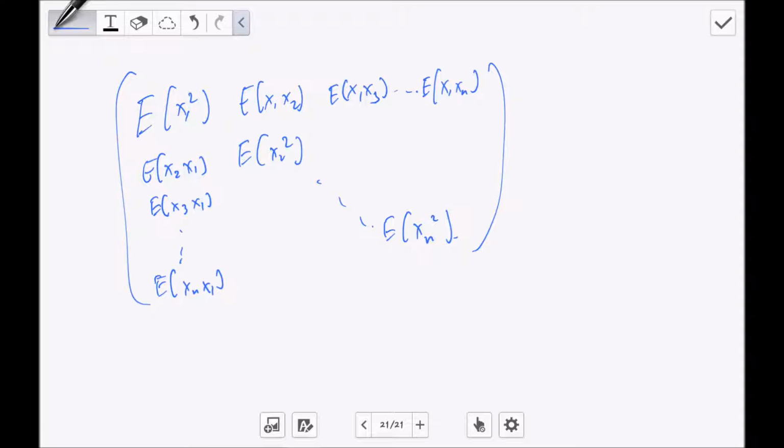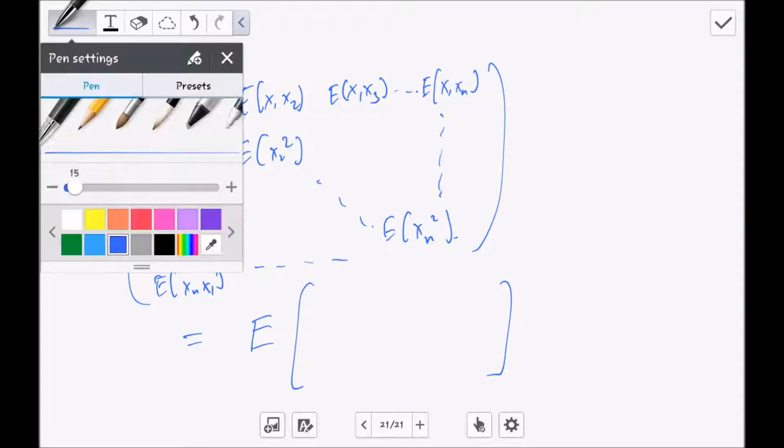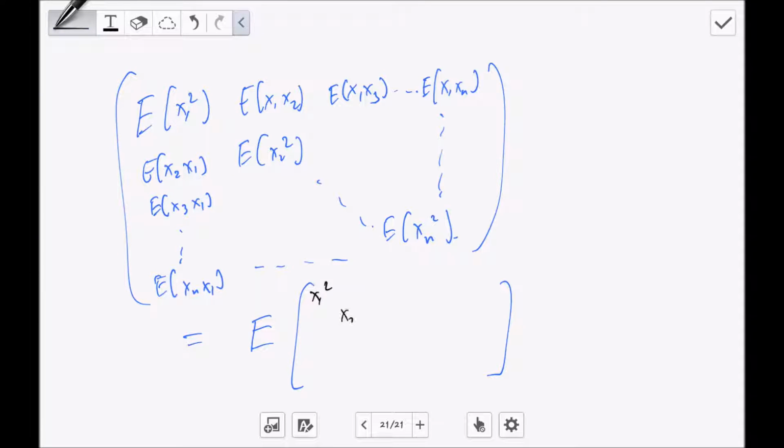This is your matrix. Since expectation is a linear operator, I would want to bring expectation outside and write these inside. So that will be expectation of x1 squared, x2 squared and so on up to xn squared, with x1 x2, x2 x1, x3 x1, xn x1, x1 xn and so on.